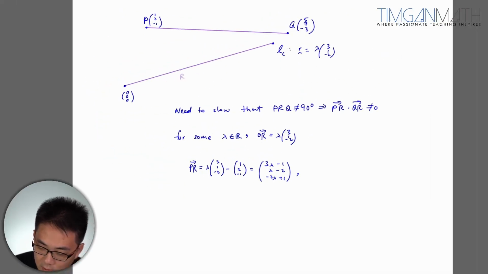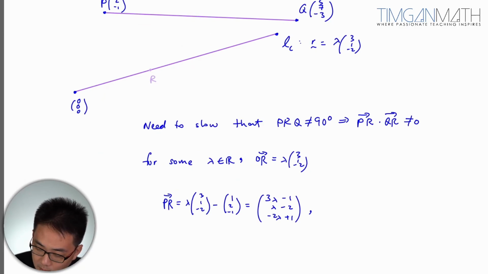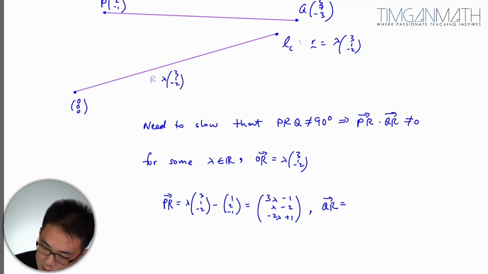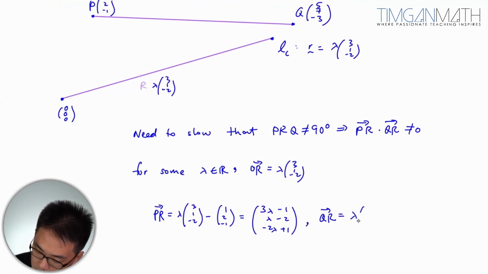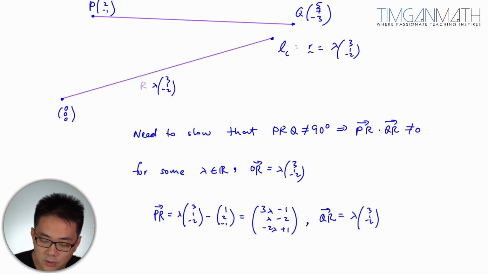Then after which we have QR. So QR will be R minus Q, which is lambda (3, 1, -2) minus Q. But it doesn't matter which one you do.